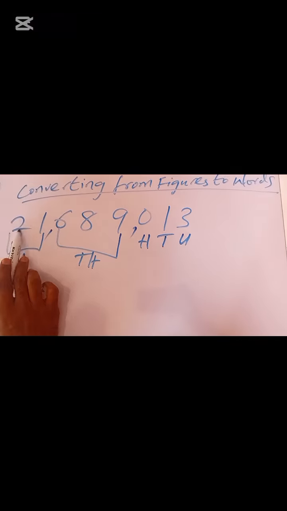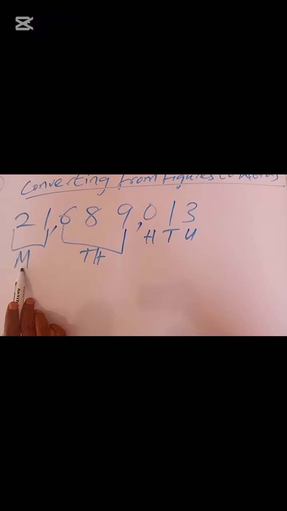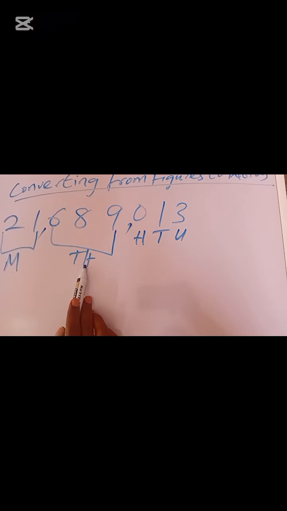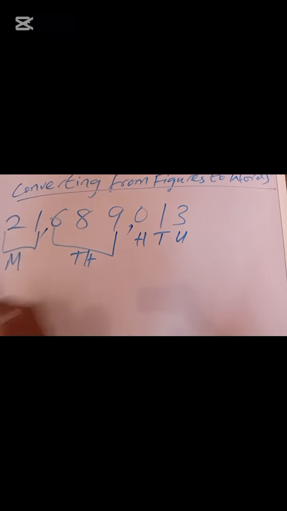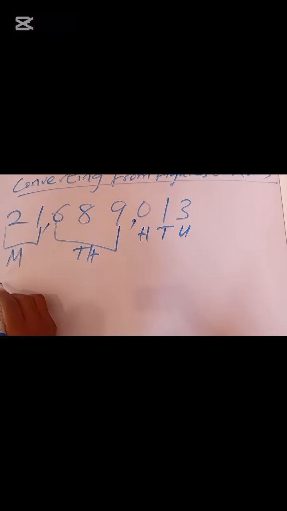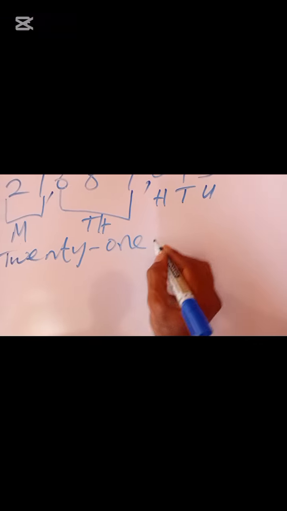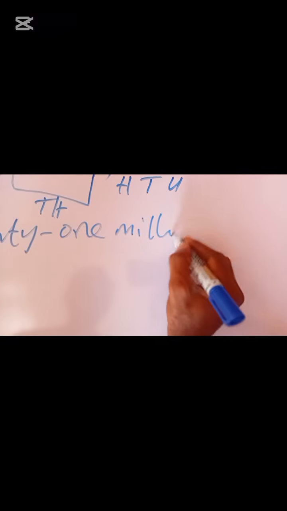You just say 21,689,013. So for you to write this, you say 21,000,000.